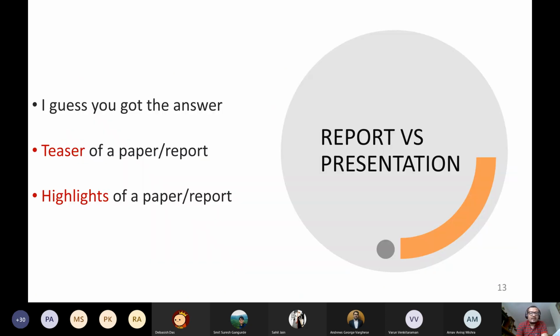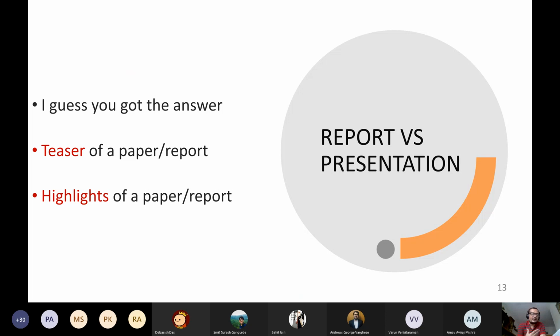A presentation is actually a teaser or the highlights of your paper or report or anything which is written as a document, which we have already discussed. If you compare a presentation with a report, the report is more precise.